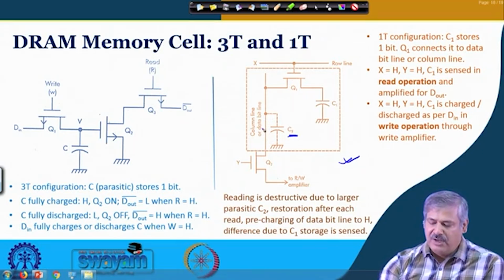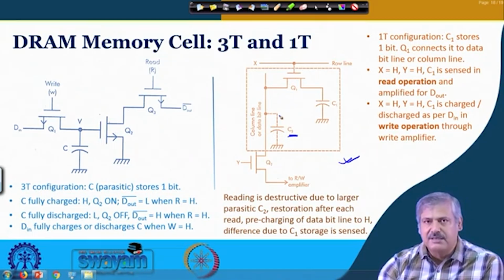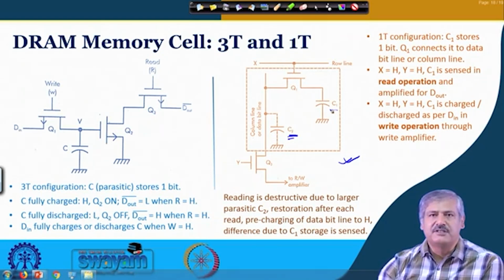Remember, this is the column line, so many such lines will be in parallel. Many such cells will be addressed by this particular line, so many such capacitances will be in parallel. That will increase the effective capacitance value, which is roughly 10 times more than this capacitance value.